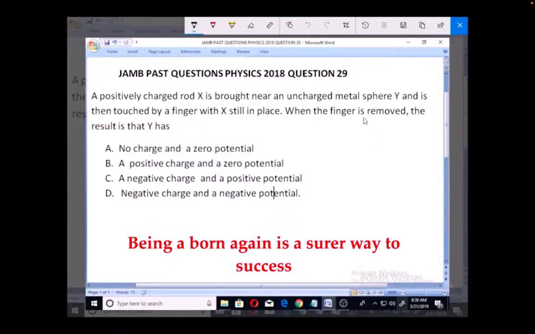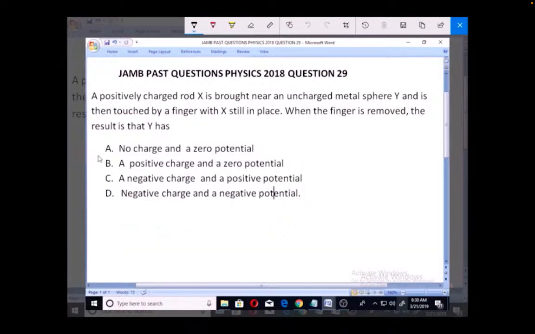When the finger is removed, the result is that Y has: A, no charge and a zero potential; B, a positive charge and a zero potential; C, a negative charge and a positive potential; D, a negative charge and a negative potential. So how do we go about solving this?